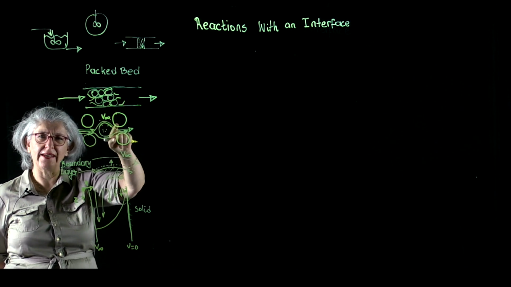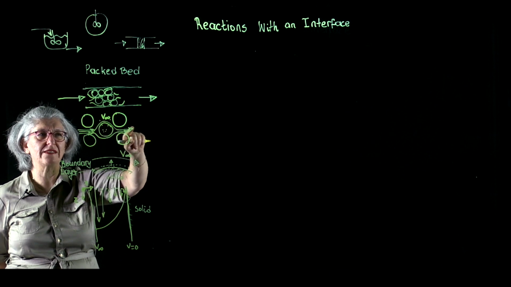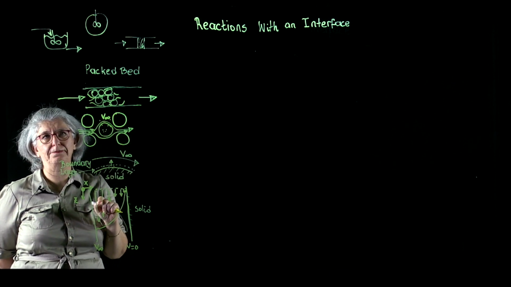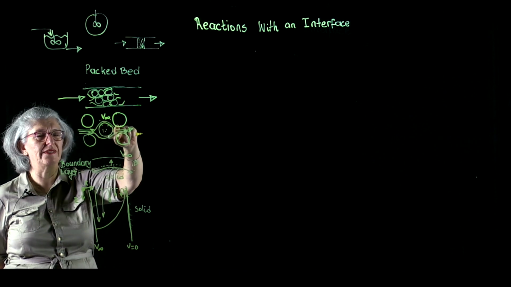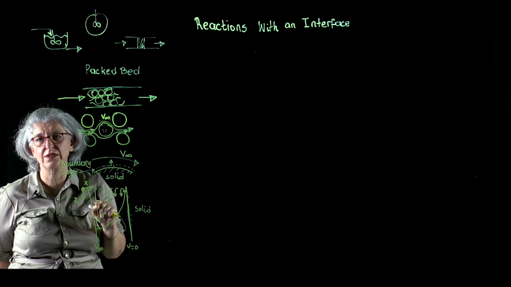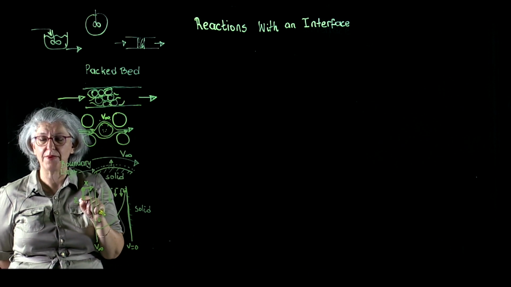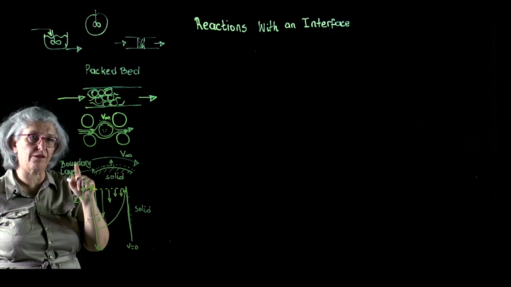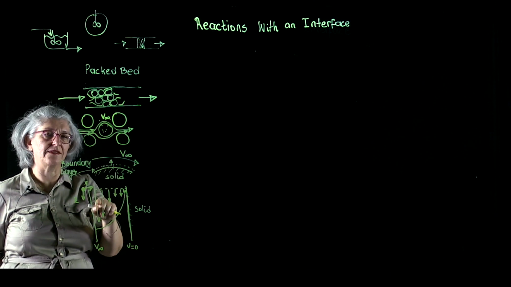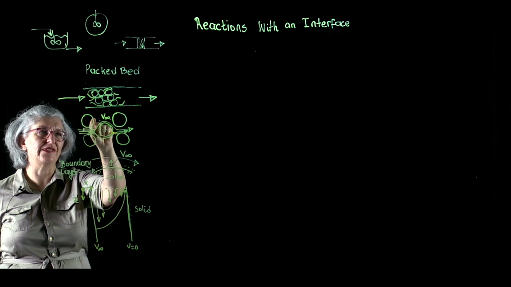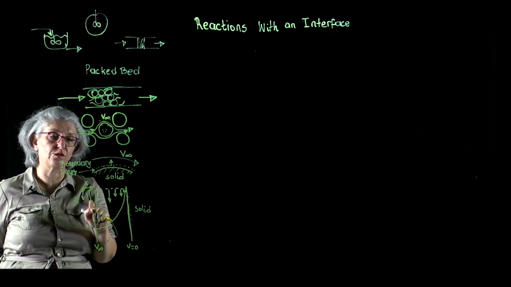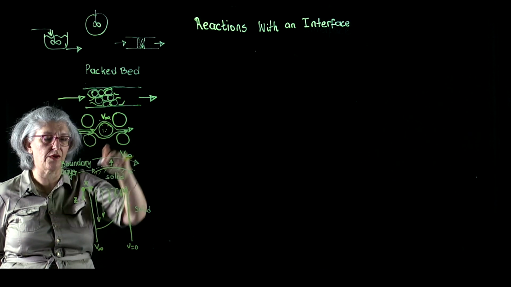So we can comfortably assume that this V infinity is constant throughout this reactor, that the fluid is not flowing fast at certain portions and slow at certain other portions. In reality, this might happen, but for the sake of discussion and for the sake of deriving the details of this equation, we're going to take that the bulk fluid velocity is going to remain uniform throughout our reactor.